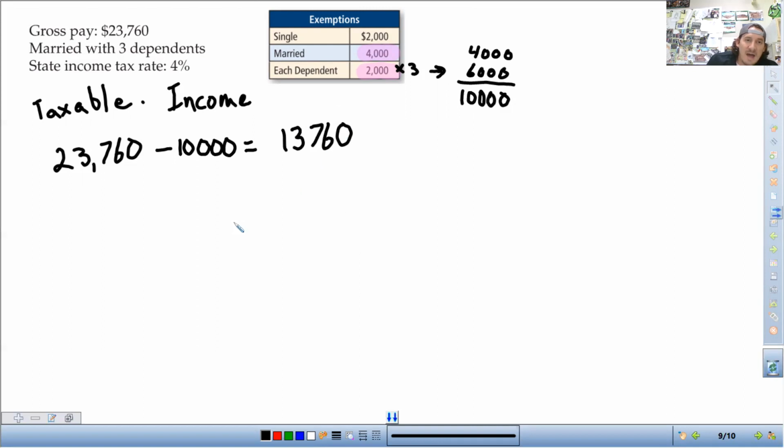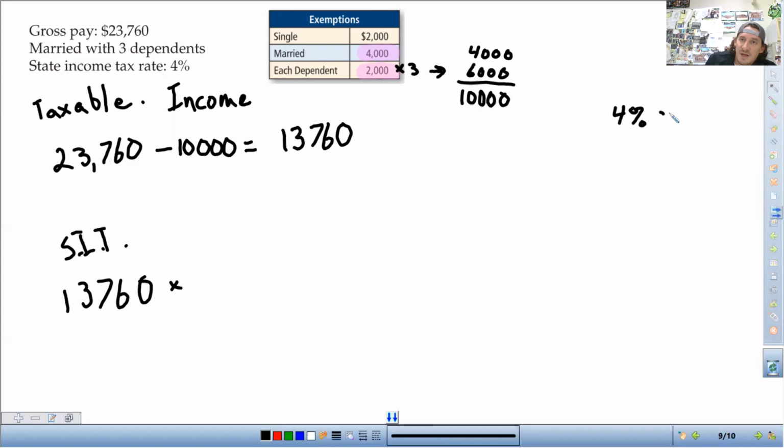All right, with that, now you're going to figure out the state income tax using the rate. You're going to just call it the SIT for state income tax. So you take the taxable income, 13,760 times the rate. Whenever you're doing a calculation, you need to change the percent to a decimal.